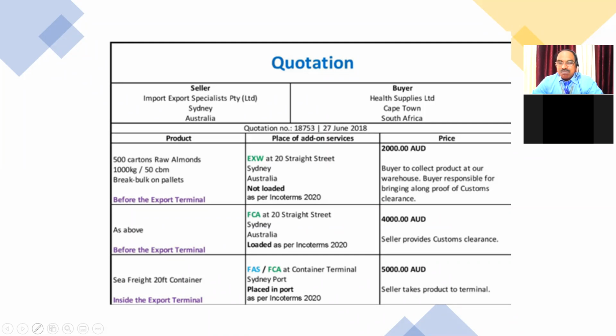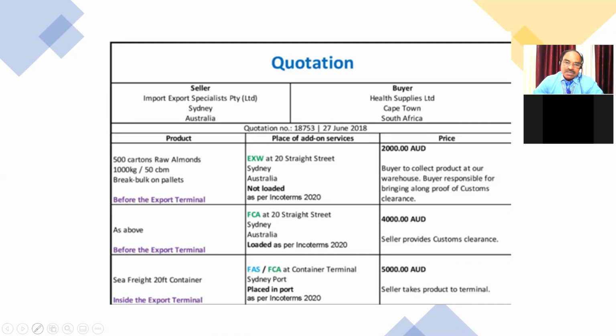That is, he is using palletization for sending the raw almonds from Australia. And our Mark is going to buy from South Africa, Cape Town. So what is the price she quoted? She is asking Mark which Incoterms you are going to accept.